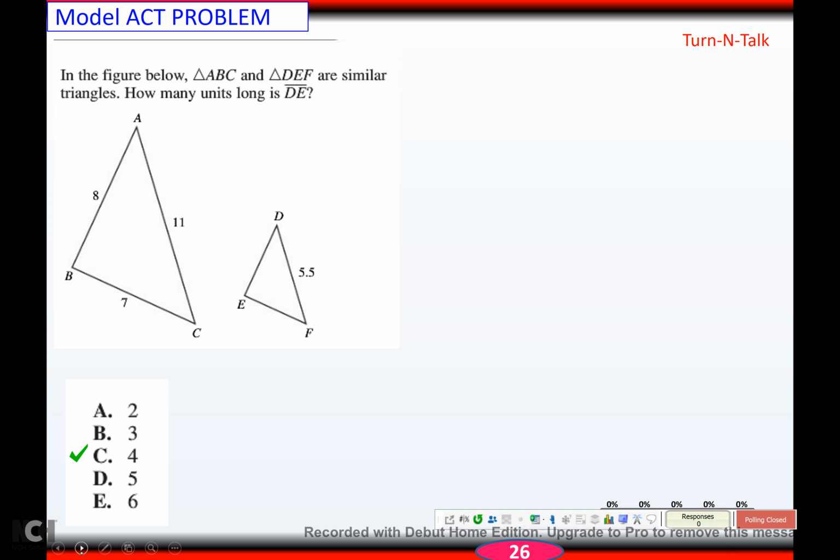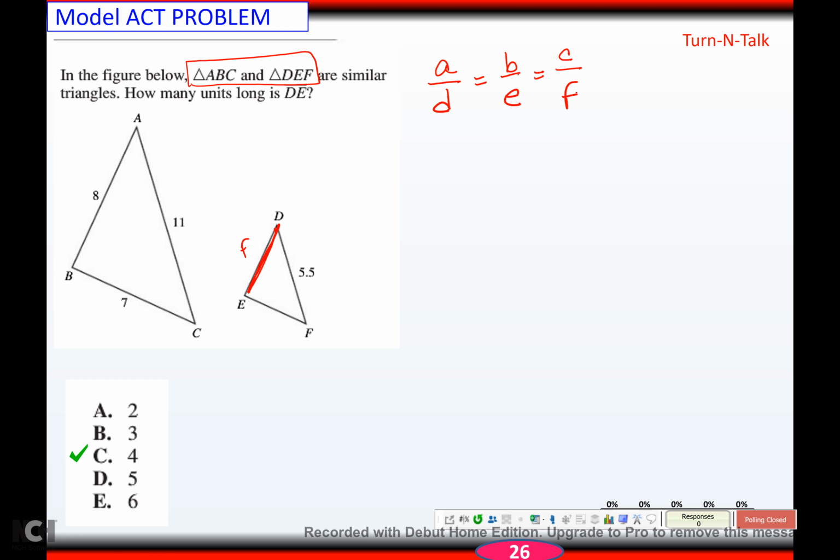And hopefully you got 4. So it says in the figure below, triangles ABC and DEF are similar triangles. How many units long is DE? Alright, first of all, DE is little f. Since they gave me this information, I know that little a corresponds to little d, little b corresponds to little e, and little c corresponds to little f.